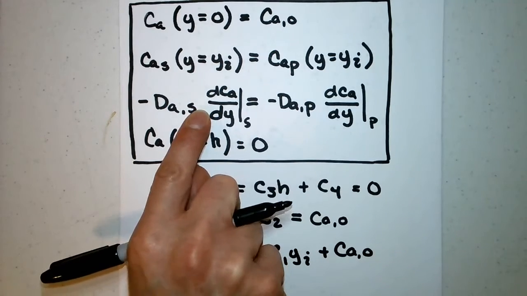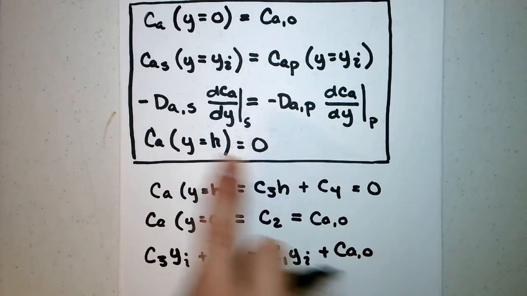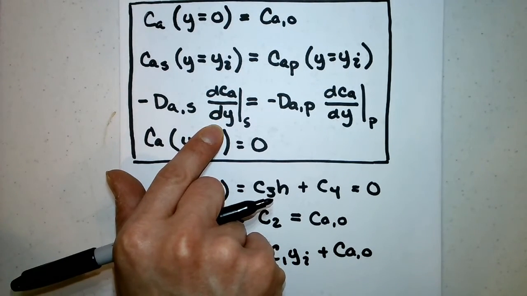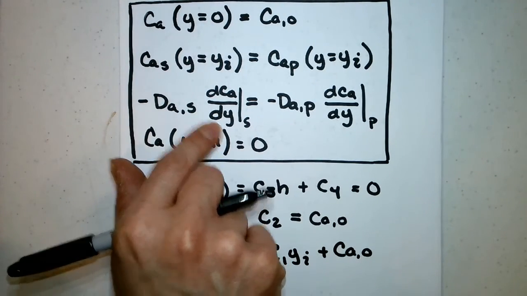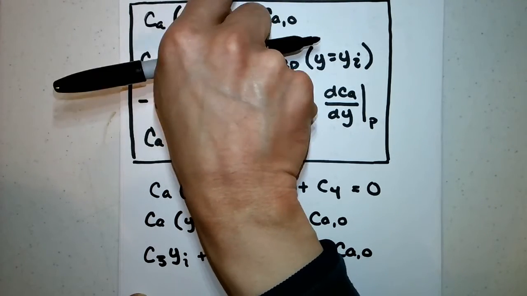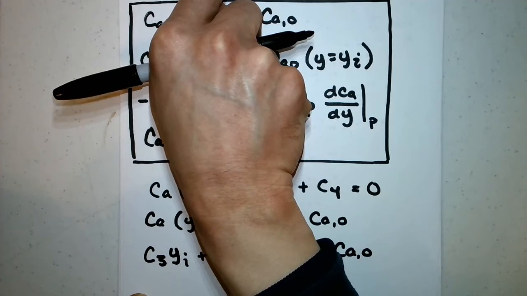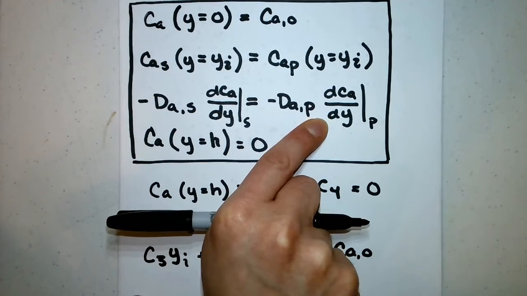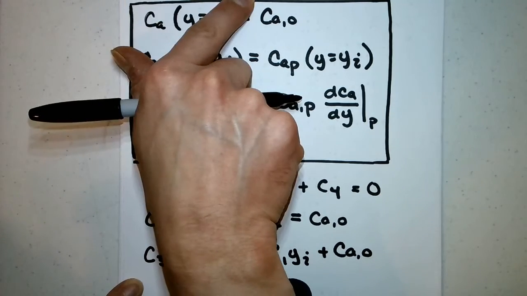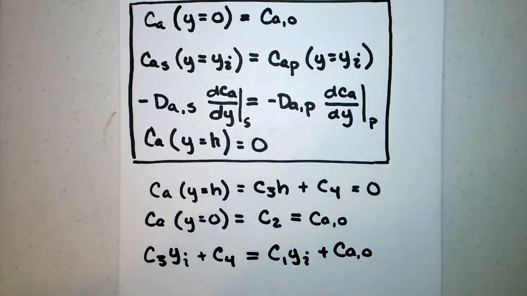And our fourth equation, we can write this as a ratio. In fact, let's evaluate this. dCA/dy in the silicon dioxide, the differential change with respect to y here, is just C3. The differential change in the concentration of A with respect to y on the Pyrex side is just C1.